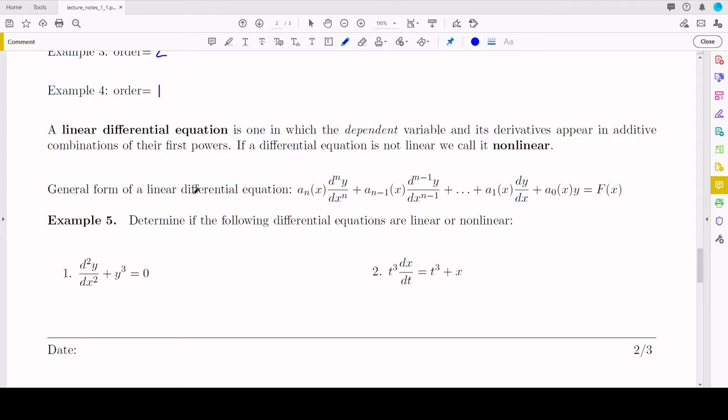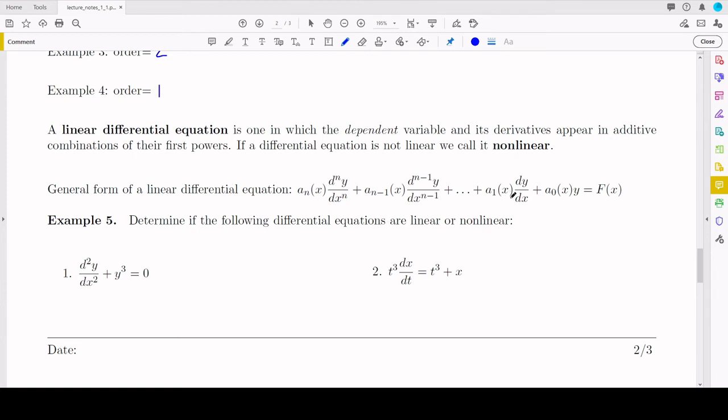And the general form of a linear differential equation is some function of the independent variable times the nth derivative of the dependent variable, then a function of the independent variable times the next derivative of the dependent variable, and so on until we get to the first derivative, plus a function of x times the dependent variable, and then the right hand side can be a function of the independent variable.